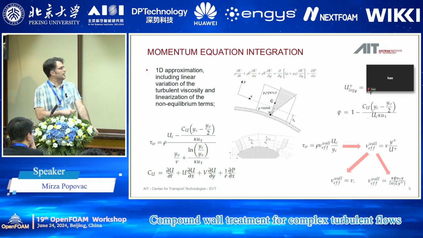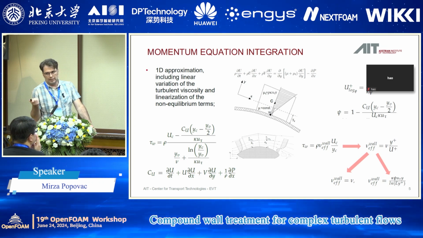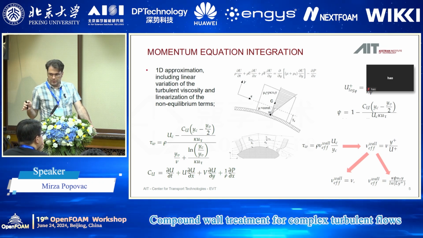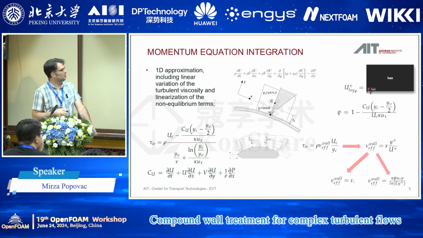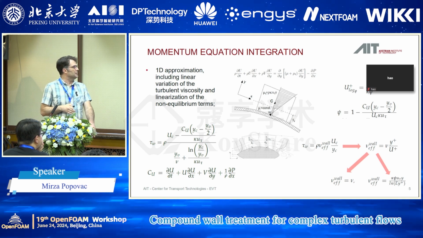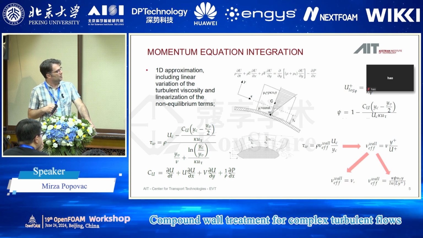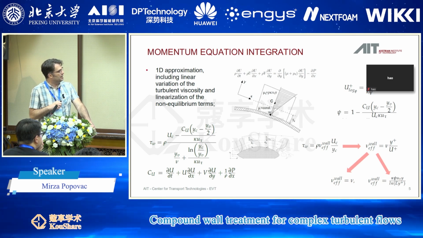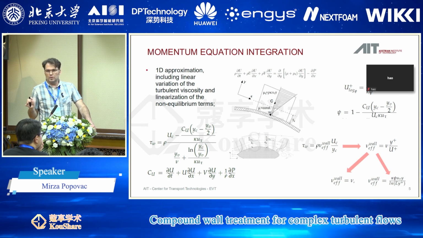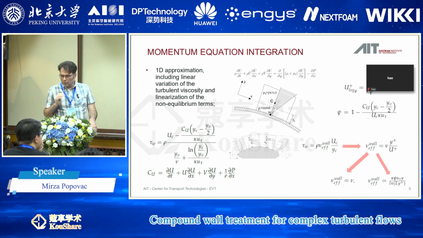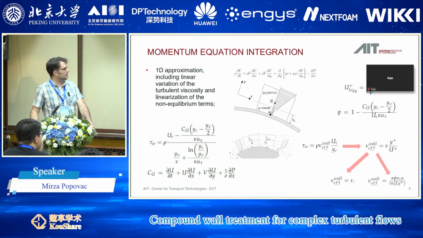Then I can assume that, like I said, in the viscous sublayer, only viscous effects are there, so I'm neglecting turbulent viscosity, and further away from this viscous sublayer thickness, I'm assuming no kinetic viscosity, only turbulent viscosity is dominant.